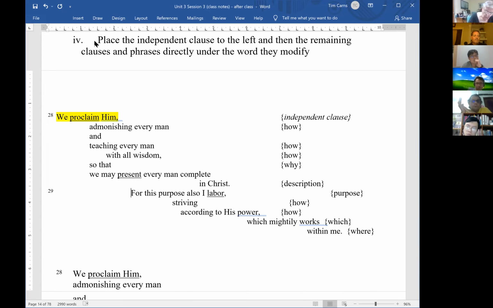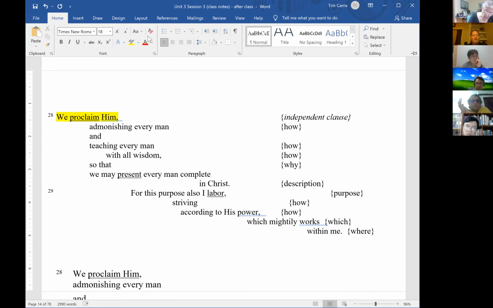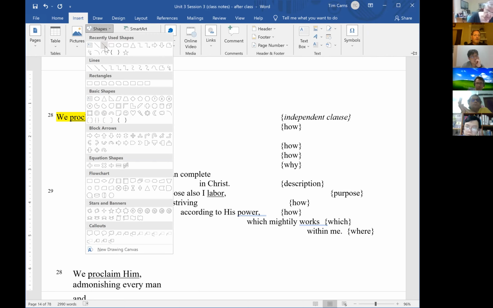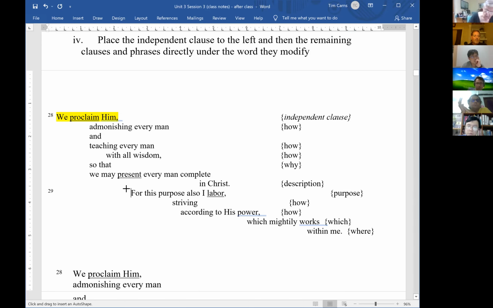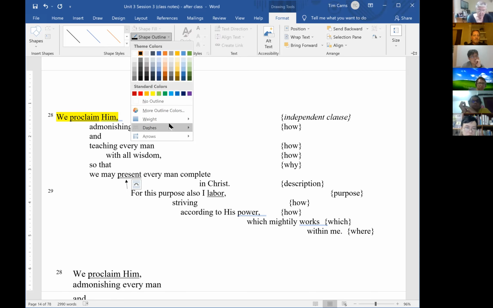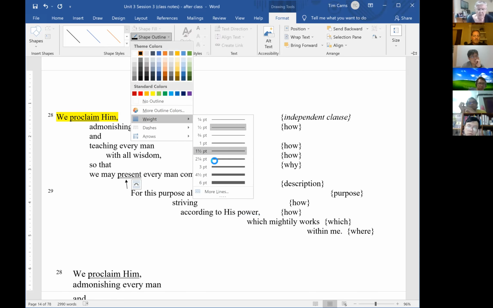Now, there's still a possibility it could be modifying proclaim. And in that case, what I would do is this. If I'm not sure, if I have a couple of different options that seem possible, I put arrows. Let me show you that. This is a way that sometimes you'll have a particular phrase or clause and you're not sure how it's functioning.